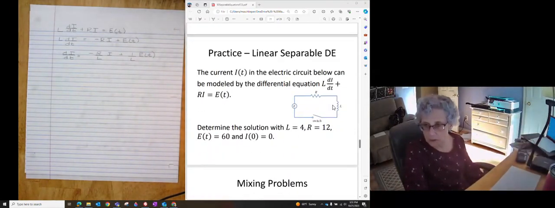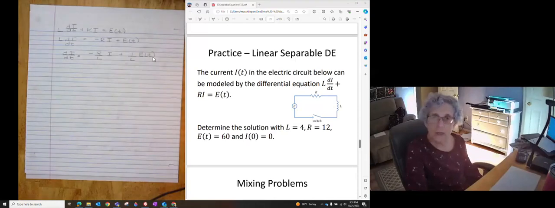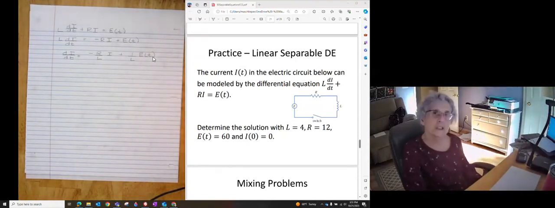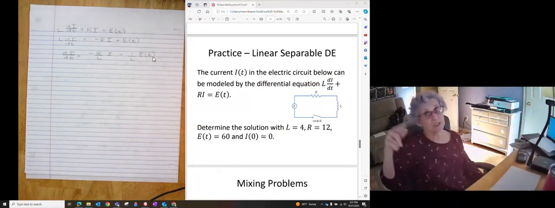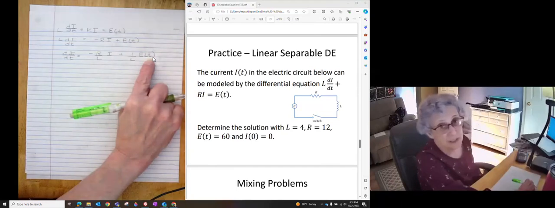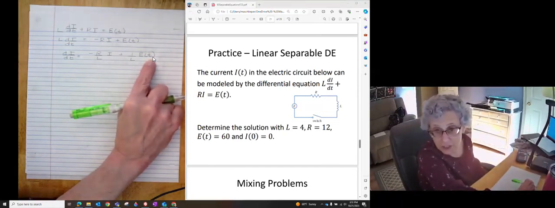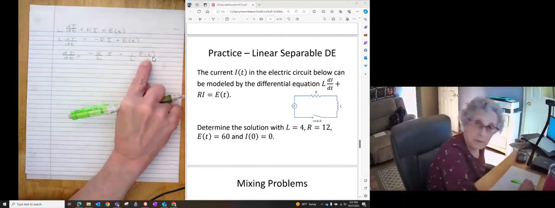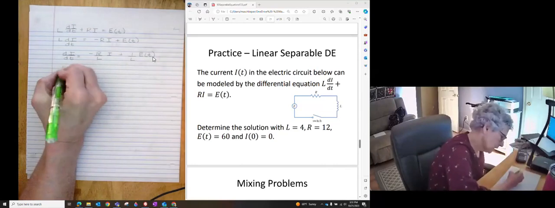Now determine the solution when L is equal to 4, R is equal to 12, and my function of t is just a number, so now it's a linear separable differential equation. If I had t's over here, it wouldn't be linear, but since we have just a plain old number there, we're good to go.